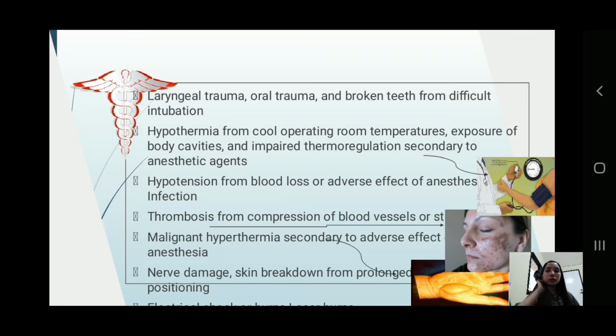The next is malignant hyperthermia secondary to adverse effect of the anesthesia. Malignant hyperthermia is a severe reaction to certain drugs used for anesthesia. The next is nerve damage and skin breakdown from prolonged positioning. As you can see in the picture of the lady, she has skin breakdown.